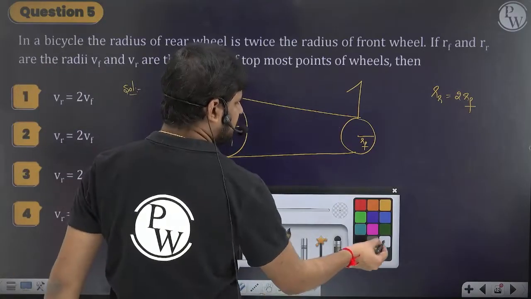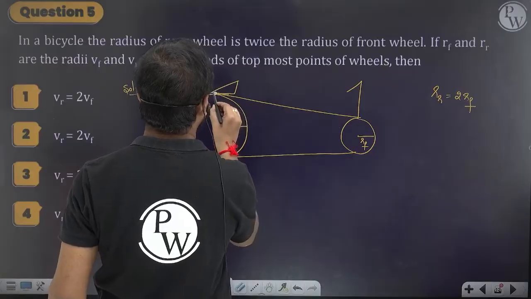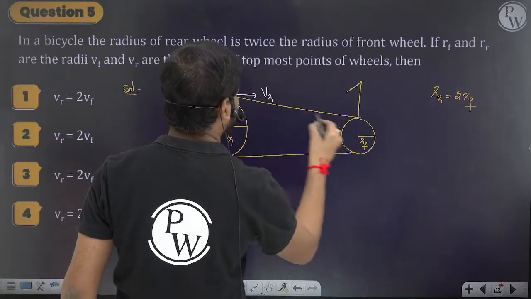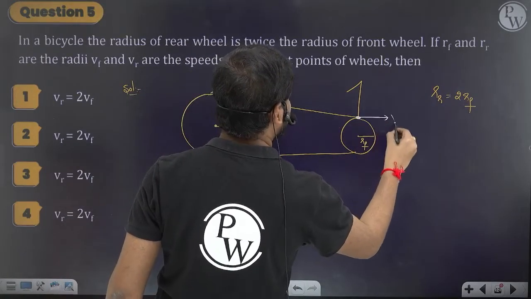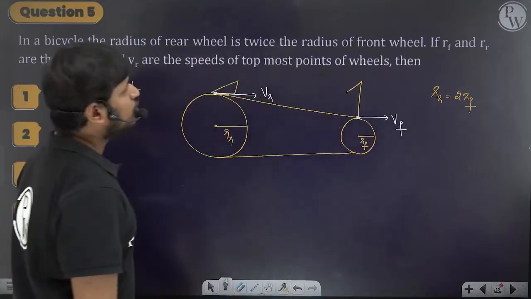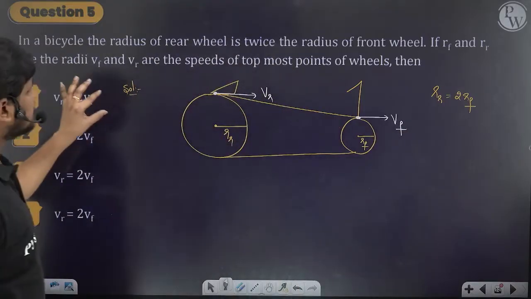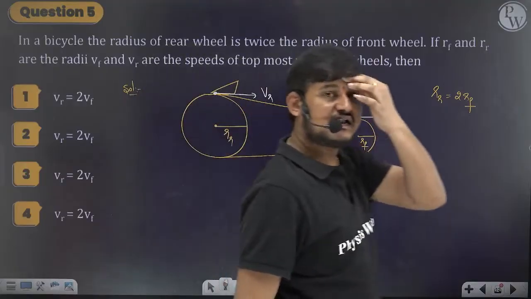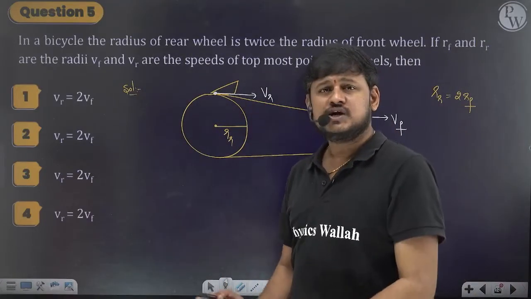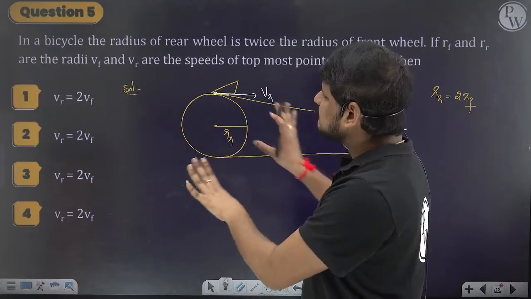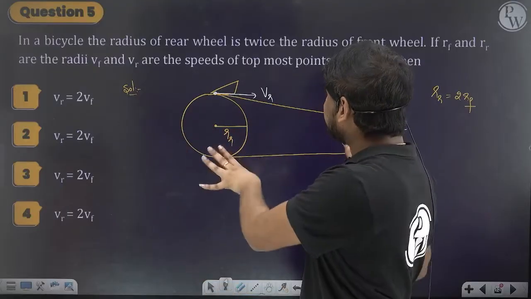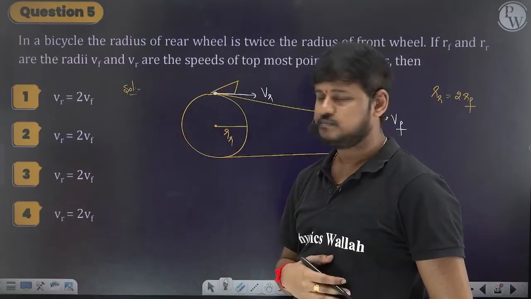So the rear wheel has the speed VR and the front wheel has the speed VF. Now what is the relation between the linear velocities of the rear wheel and front wheel? Without looking at the options, you can just put the option.